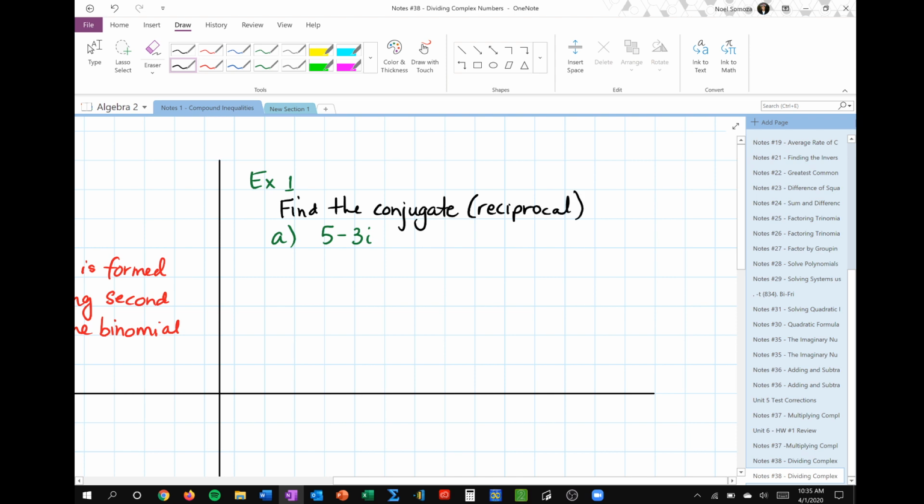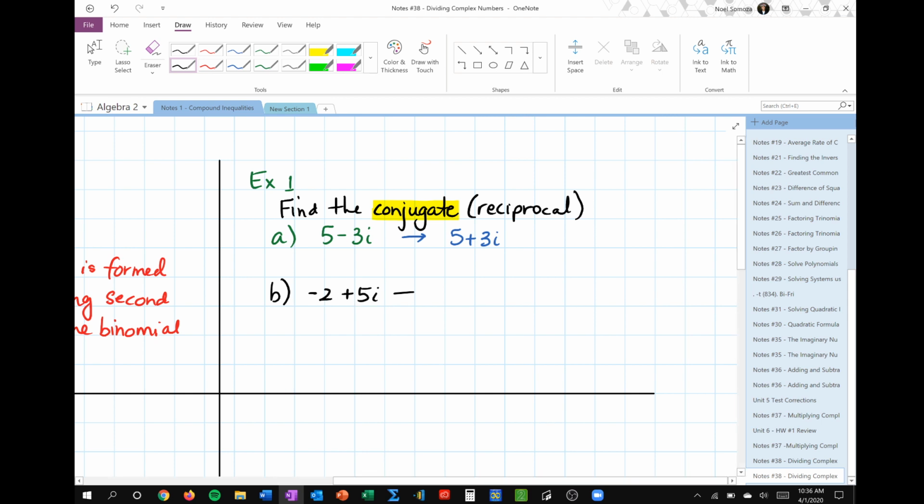Technically, I guess that's okay as well, but I want you to utilize the word conjugate. So what would the conjugate be? Remember that we said we would just negate the second term. So the conjugate would be 5 plus 3i. Pretty easy.